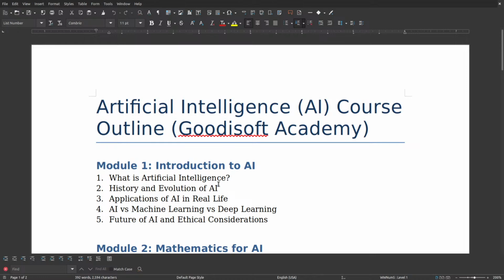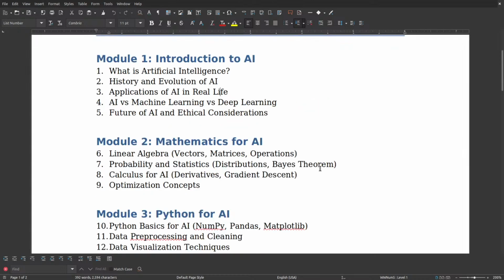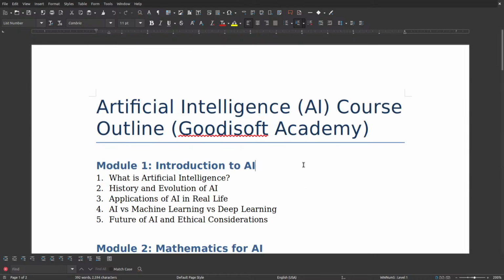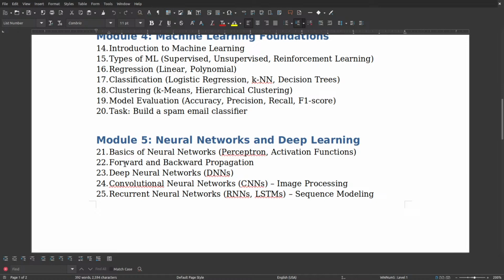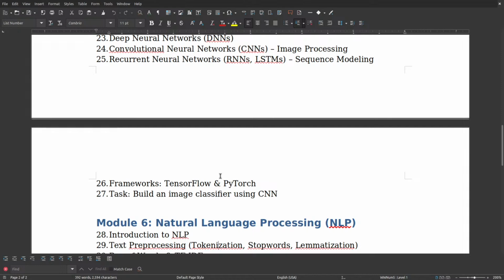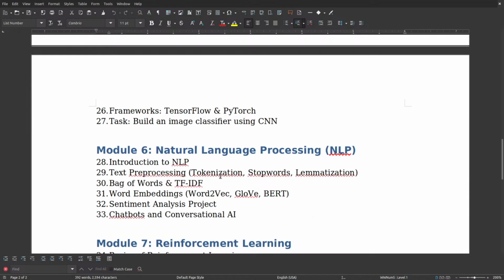All right. Okay, module 5. We still have other modules as well. We have neural networks. We're going to cover the basics of neural networks in module 5. Then we'll move further to module 6, natural language processing. That's natural language processing, how to process text and deal with language.